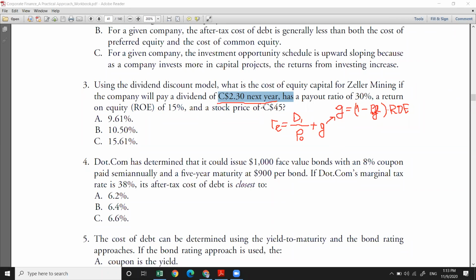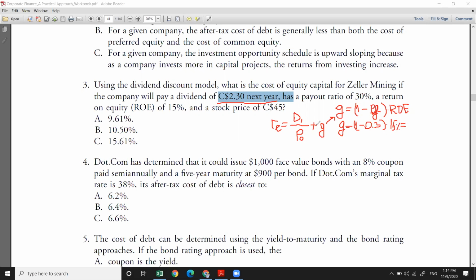So we just substitute everything into the formulas. In this way, you will get whatever you needed. So G is equal to 1 minus 30%, which is 70%, and this all should be multiplied by 15%, which is ROE.